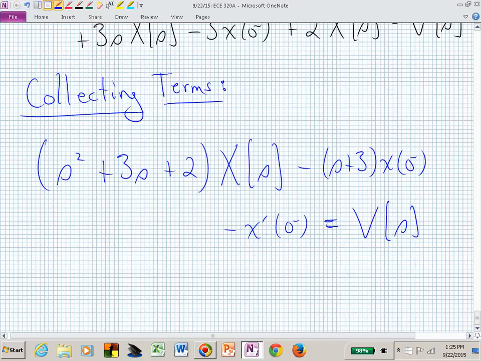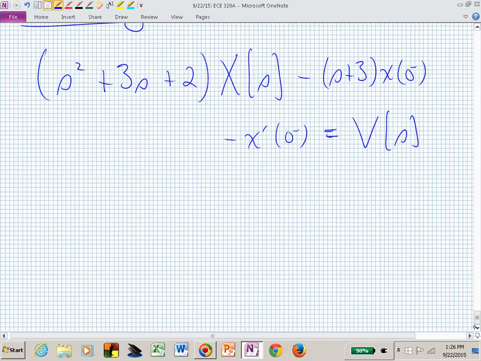We need to solve for that. And once we have an expression for capital X of S, then we can figure out how do we inverse Laplace transform that to get back over into the time domain. We want little x of t. We can find capital X of S. Let's solve for that. If we solve for capital X of S, do you see we can take the initial conditions onto the same side as what our, let's say, our voltage supply equals in the Laplace domain, capital V of S, and then we divide all terms by this quadratic in S, S squared plus 3S plus 2.